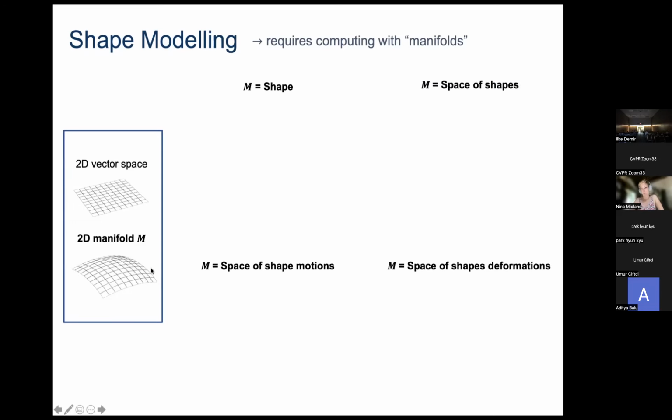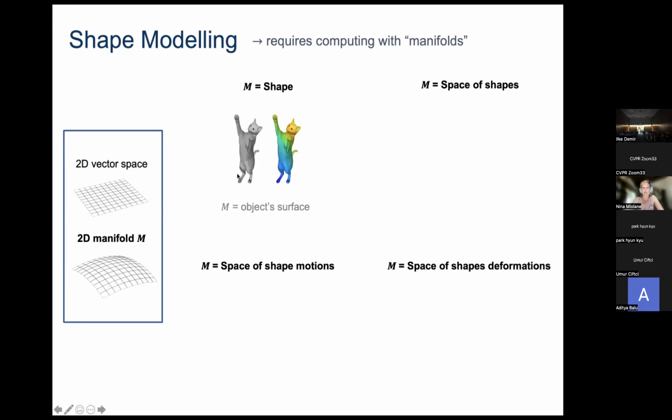Let me give you examples of how manifolds enter the computations. First, let's look at the shapes themselves. Let's say we are interested in the shape of this cat, and more precisely, the shape of the surface that is defining the cat. This surface is a generalization of a vector space that is allowed to be curved.